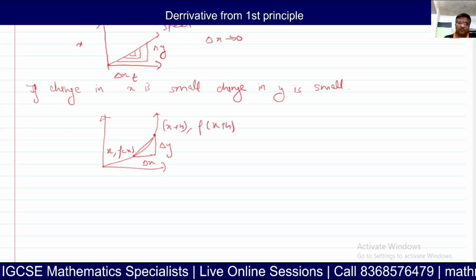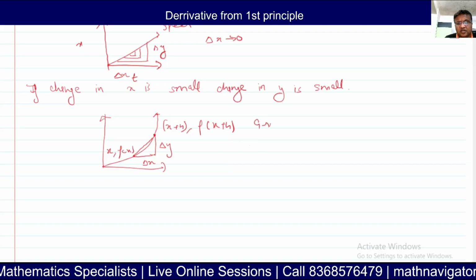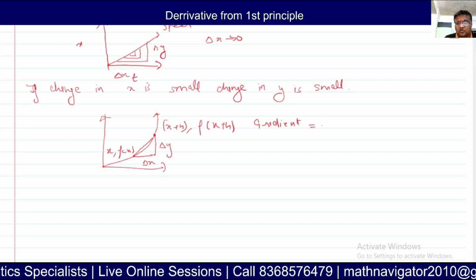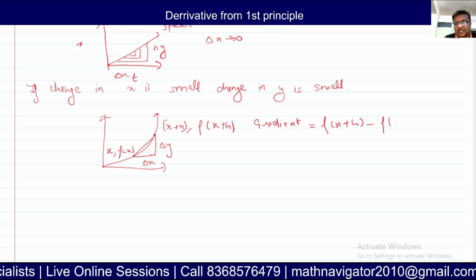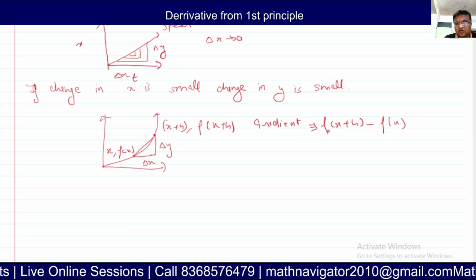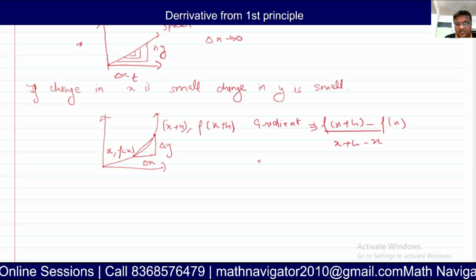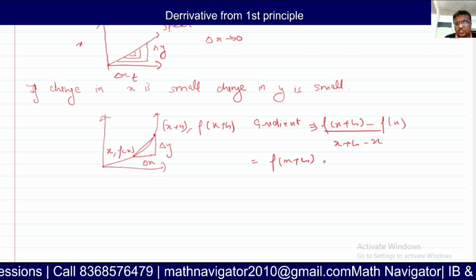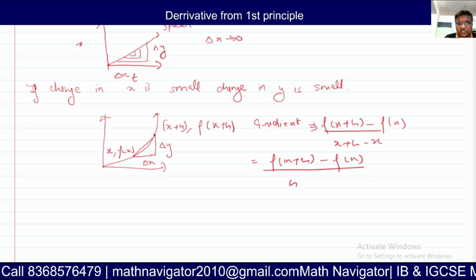So if I want to find my gradient, gradient is equal to f of x plus h minus f of x, over x plus h minus x, which finally gives me f of x plus h minus f of x over h.